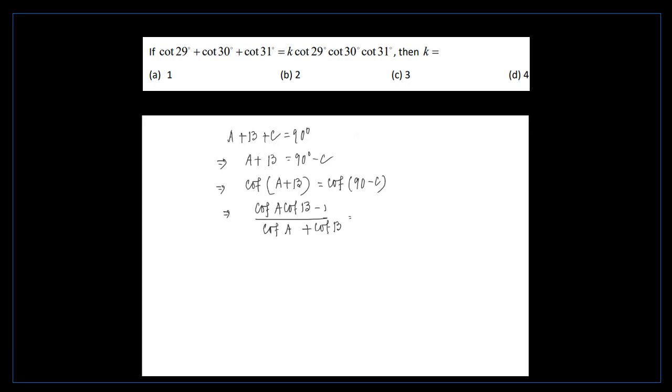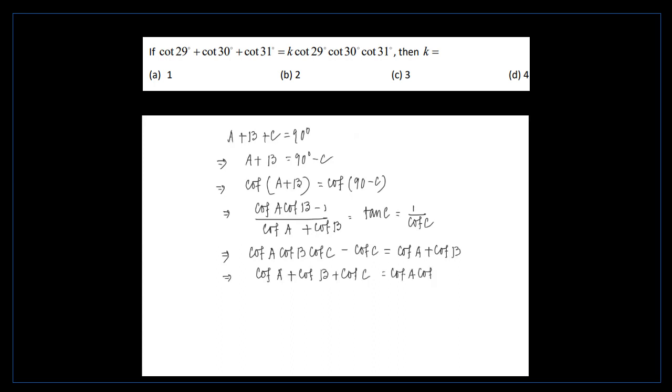Now cot (90 minus C) is actually tan C, and tan C can be written as 1 by cot C. So we cross multiply and we get cot A, cot B, cot C minus cot C equal to cot A plus cot B. And from this we can say that cot A plus cot B plus cot C equal to cot A, cot B, cot C.